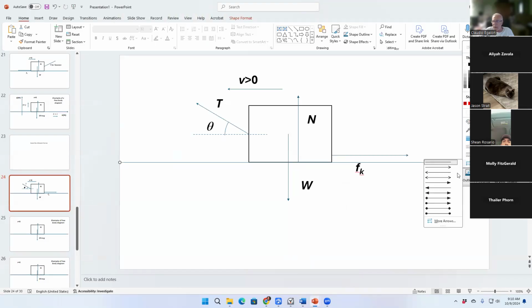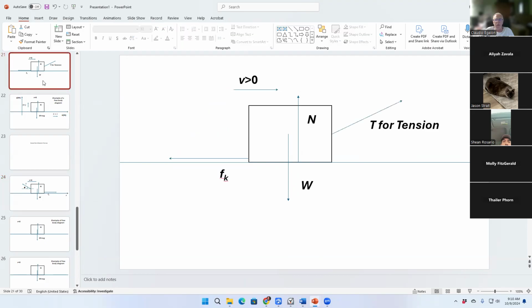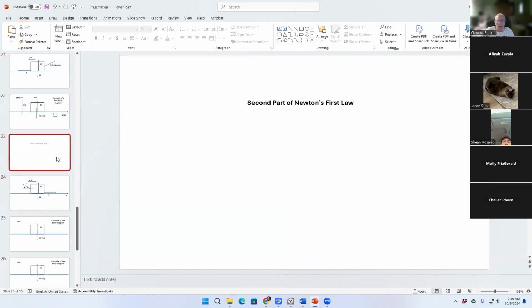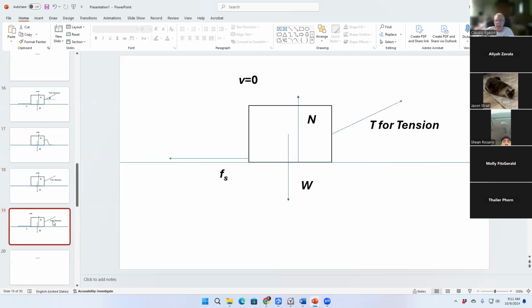Previously, in an example, the tension was to the right and the frictional force to the left.